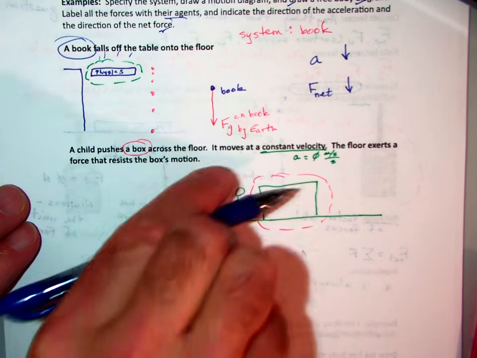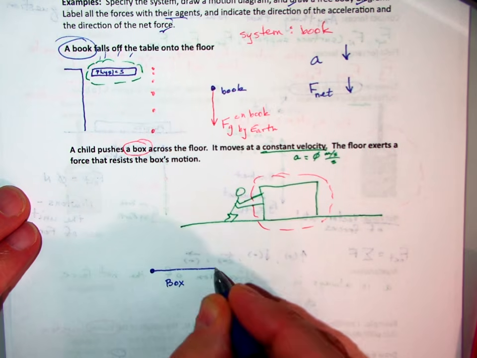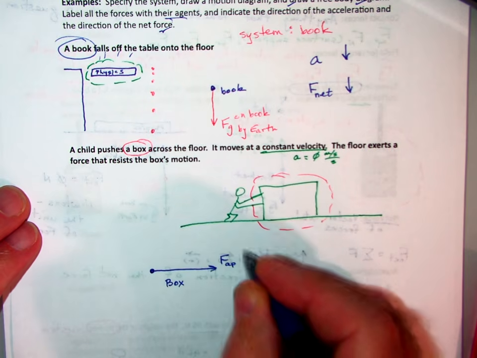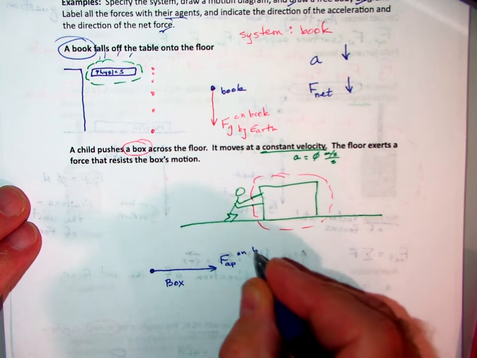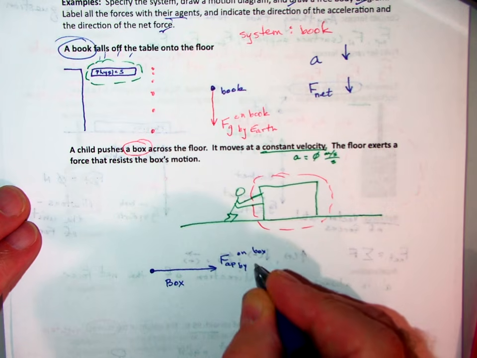The child is pushing on the box to the right, so there is an applied force on the box by the child.